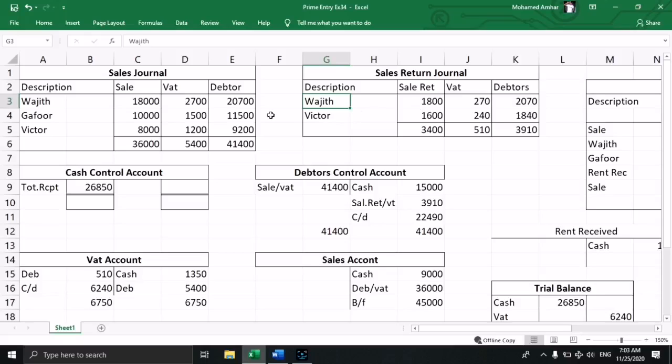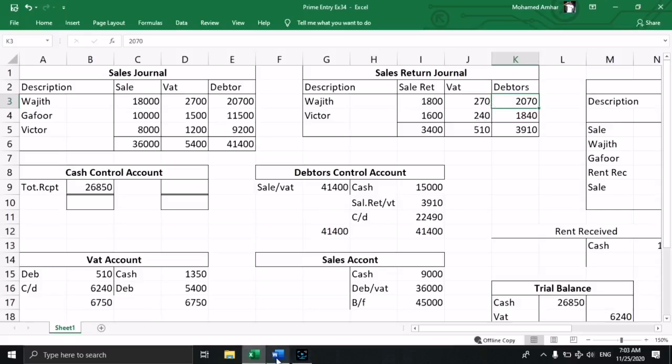You check here how much was sold to Wajid. Yeah, 18,000. 10% of this 18,000 is 1,800. Okay, and same, 10% of the VAT is 270, and 10% of 20,700 is 2,070. So calculating this way is easy, no?